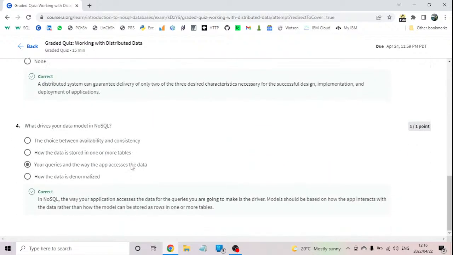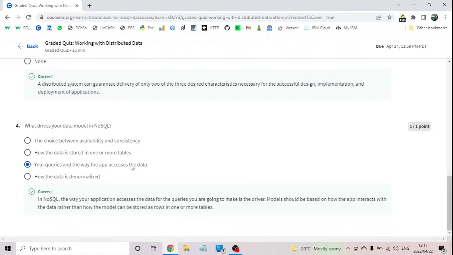Okay, that doesn't matter then. So we're passing, that's fine, but oh wow. I guess the driver model should be based on how the app interacts with the data, or rather how the model can be stored as rows in one or more tables.